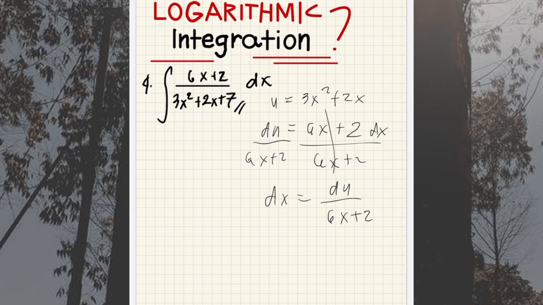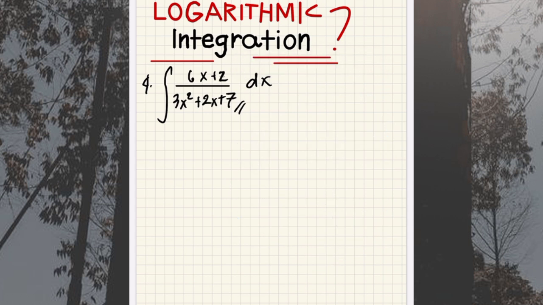So right here, substitute the value of dx. The value for dx is du over 6x plus 2, right? So this will be cancelled.